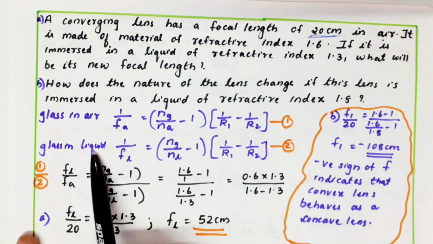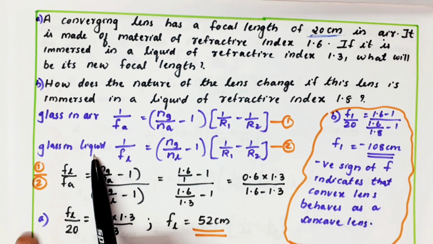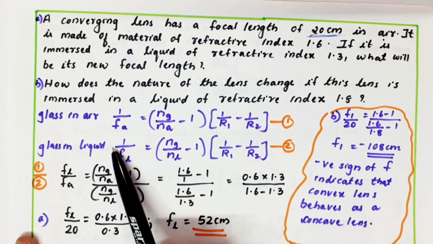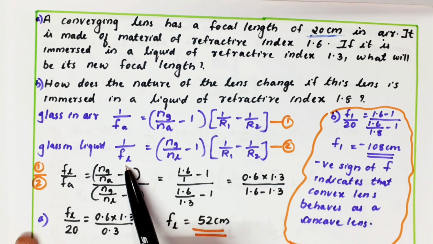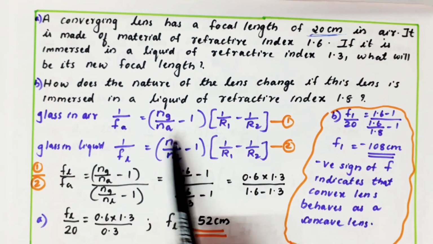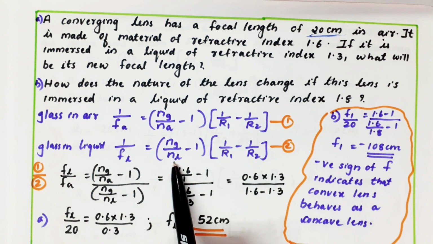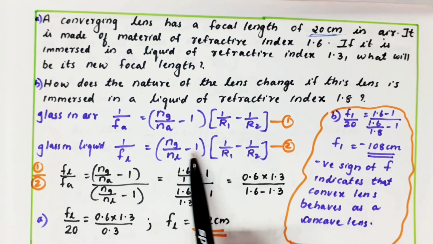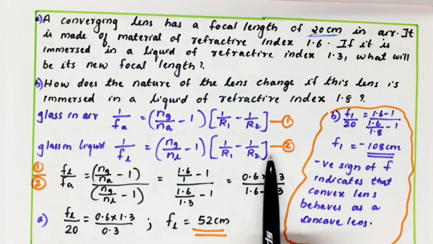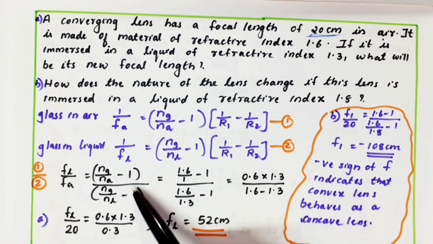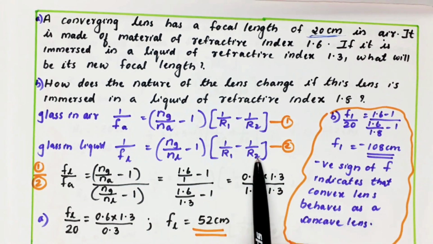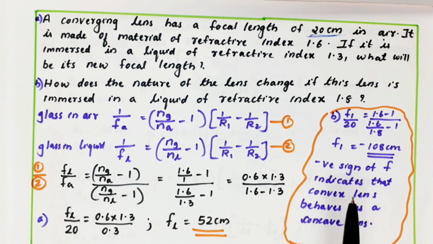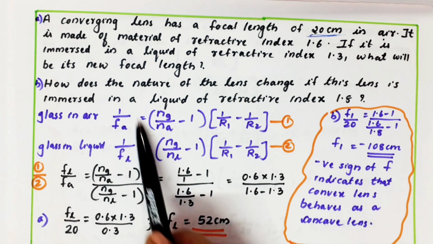If the lens is in some other liquid, that is glass in a liquid, that time focal length will change. So I wrote 1 by Fl is Ng by Nl minus 1 into 1 by R1 minus 1 by R2. If you divide these two equations, 1 by R1 minus 1 by R2 will get cancelled. So we will get here, this term will go up.